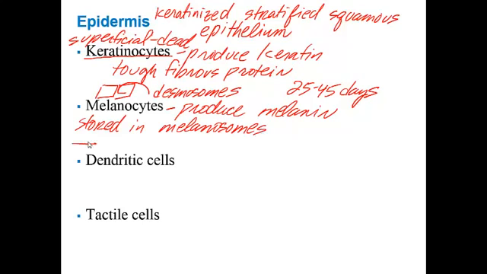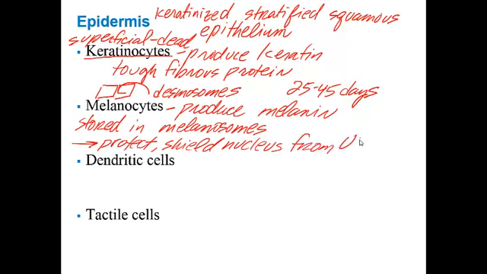And the important thing about this pigment is that it is going to protect or shield our nucleus from UV radiation, which is very important. As you know, the DNA is found in the nucleus, and it's very important that that DNA be shielded from damaging ultraviolet rays.